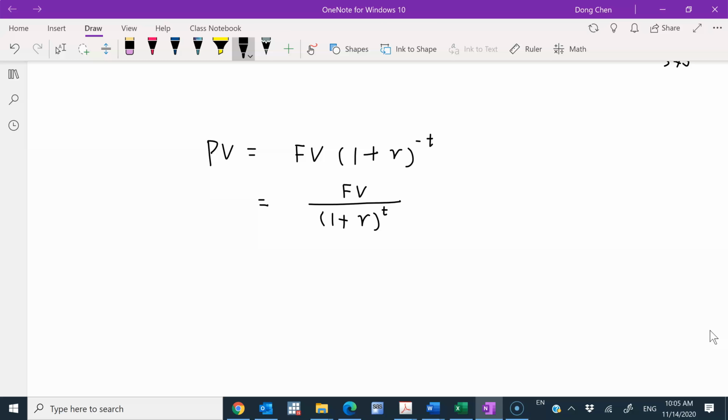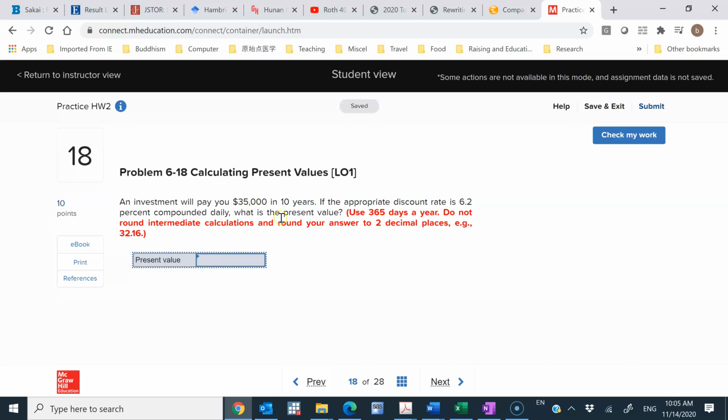Because here we have the daily compounding, T should be the number of days and R should be the daily interest rate, and future value, based on the top here, should be $35,000, right? So then the rest of the job is to convert the information we're provided into the daily numbers.